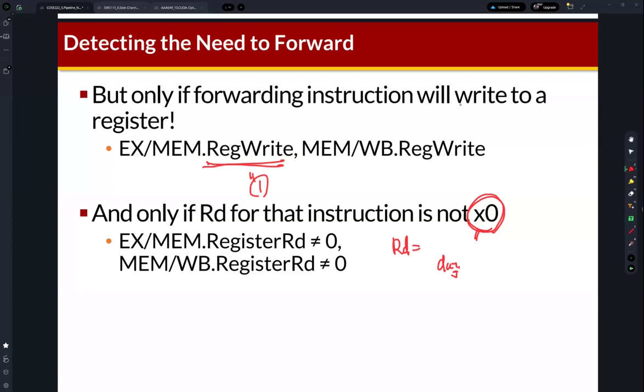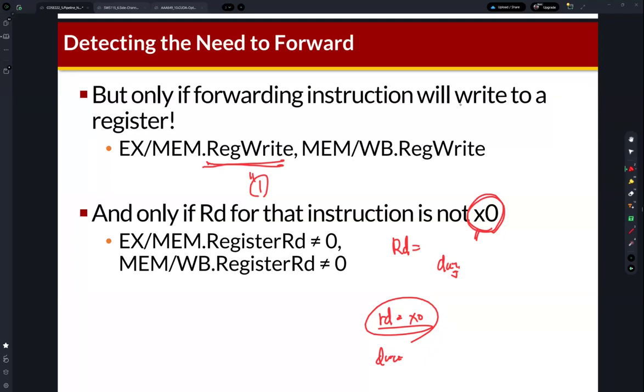It is because if the RD is X0, even though non-zero data is written back to the register file, this non-zero data is not updated.